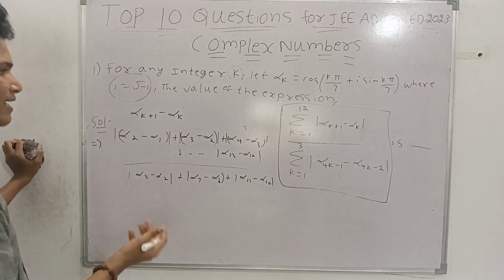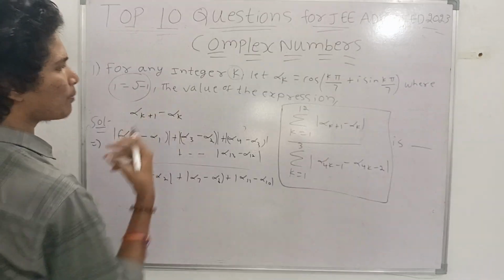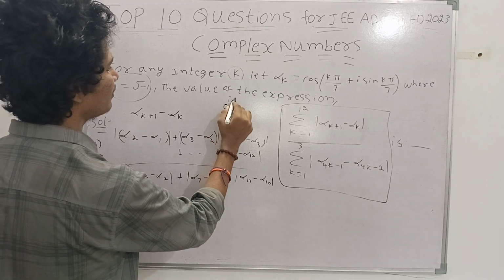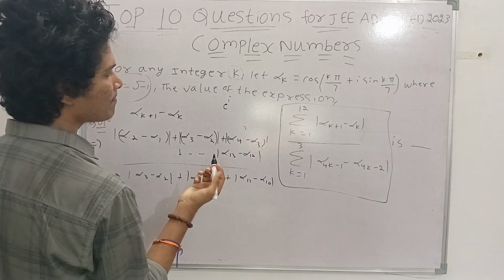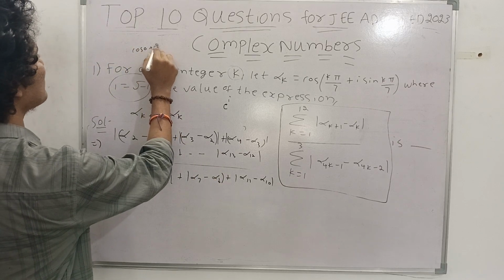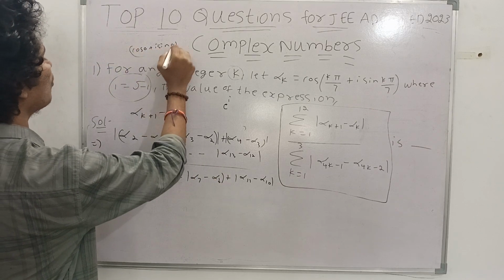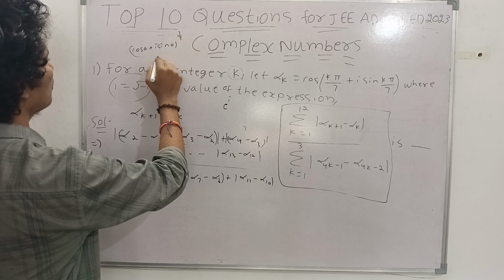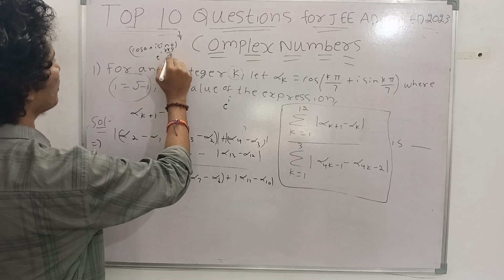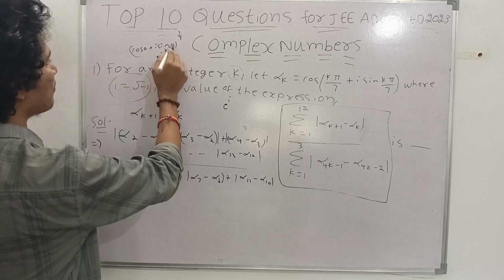So what it is implying, I already said to you, suppose you take the cube roots of unity, that is e power i 2k pi by 3.